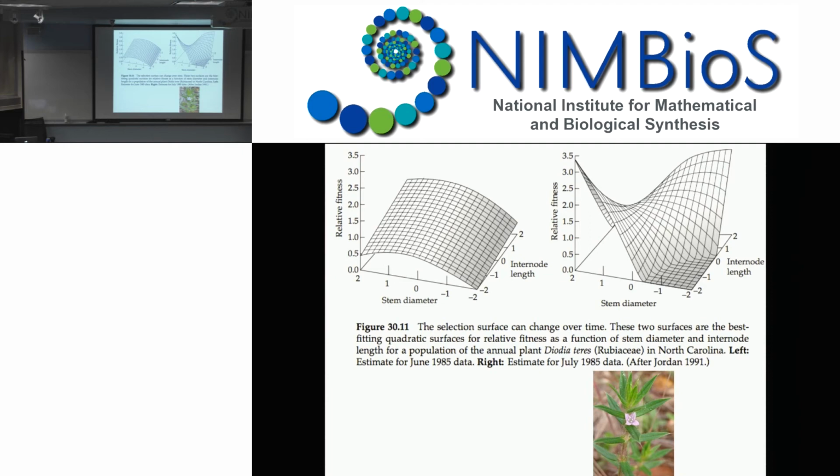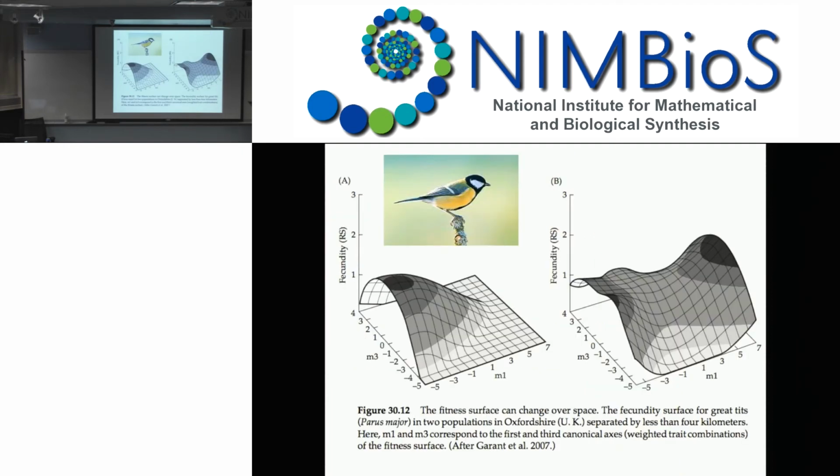So fitness surfaces can change over time. They can also change over space. There's our old friend, the great tit again. And this basically is fitness measured by fecundity and two composite traits, M1 and M3. Here is a location. Here's a location just 4 kilometers away. So again, these surfaces can change over time and over space.